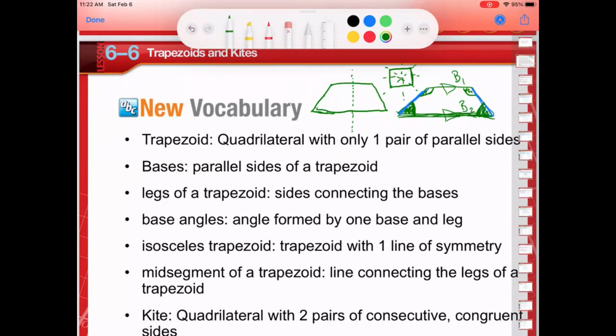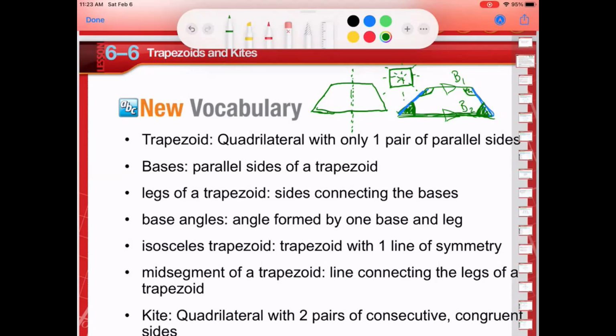For a shape to only have one line of symmetry is kind of rare, because most don't have any, if you want to get technical, but most of our typical shapes have more than one line of symmetry: squares, rectangles, kites, rhombuses. But an isosceles trapezoid only has one, which is one more than most trapezoids.